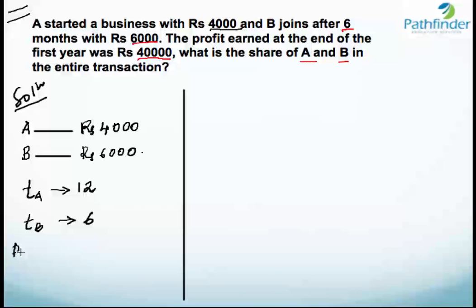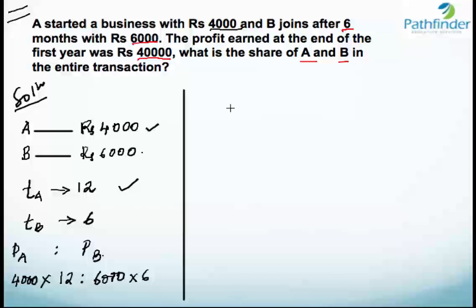So the profit of A as to profit of B must be capital multiplied by the time period for each. So 4000 into 12 for A and 6000 into 6 for B.